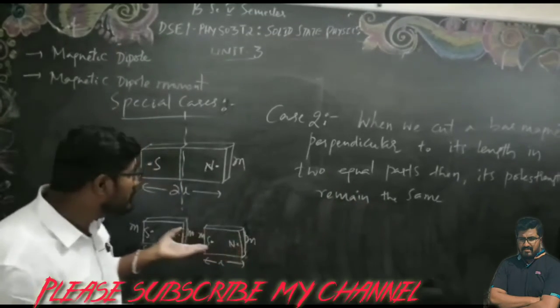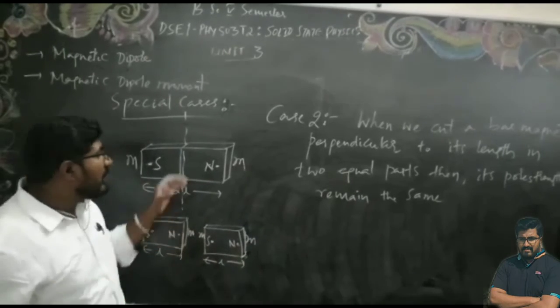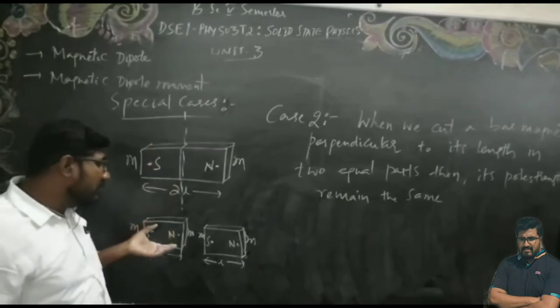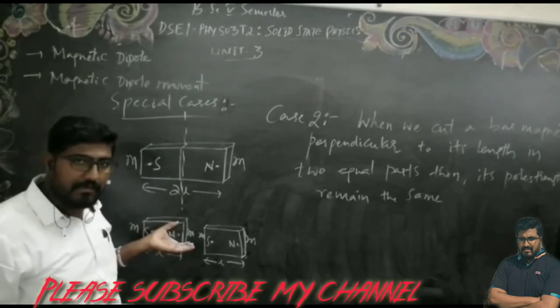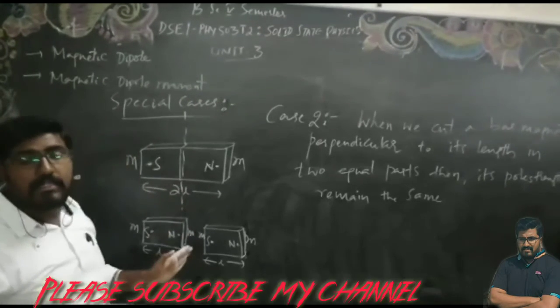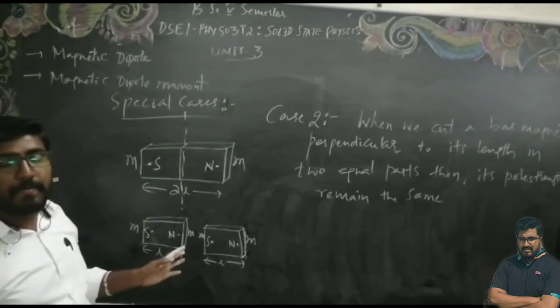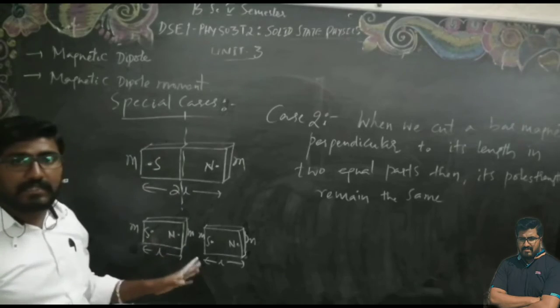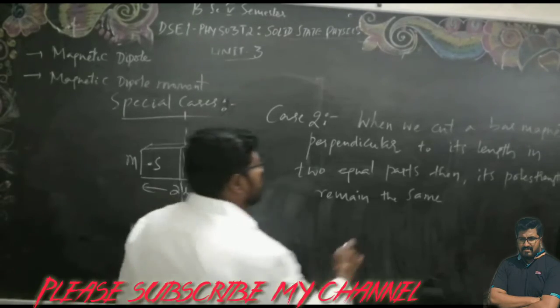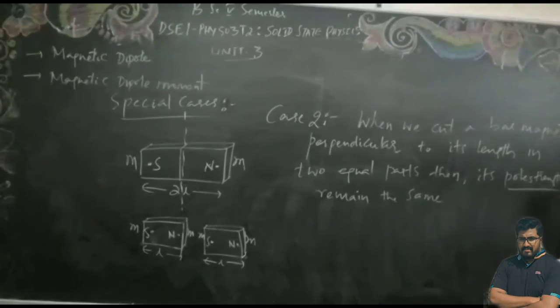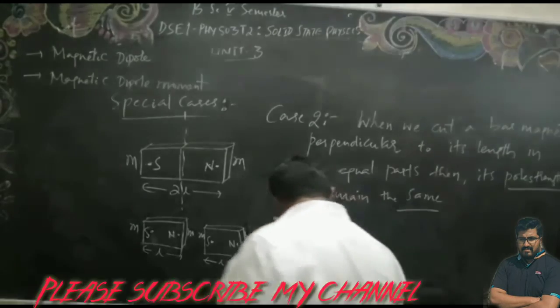That means there is no change in the strength. Whatever the strength is here, the same strength is here. Therefore, if we cut vertically, there is no change in the pole strength.